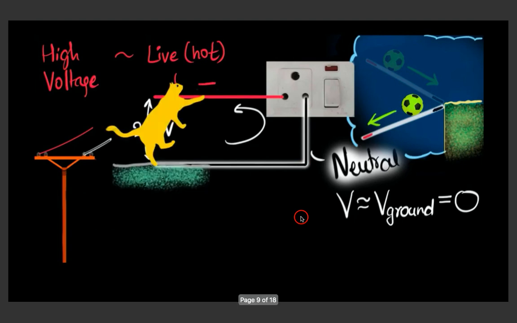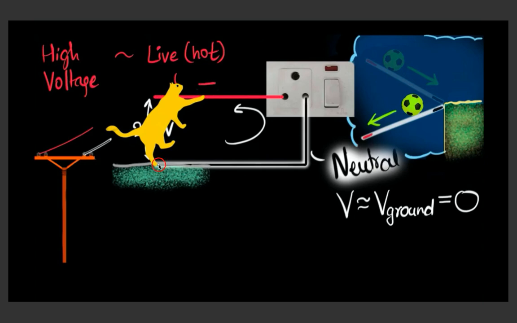Now, what happens if our cat instead touches this live hot wire? Well, that live hot wire, remember, has its voltage changing between being positive and negative. Whether that wire has a positive or negative voltage, it's going to have a different voltage than the ground.